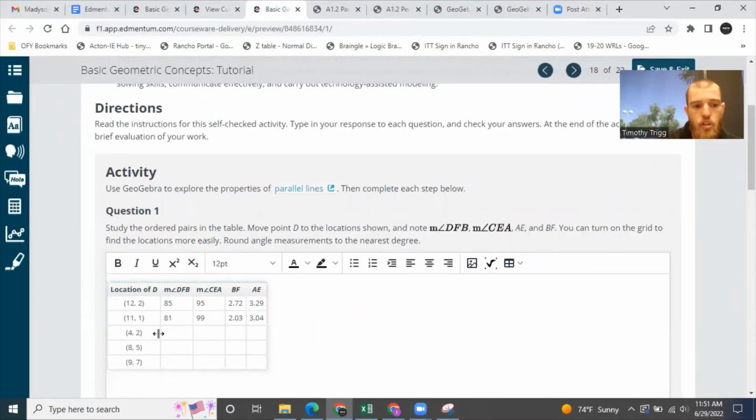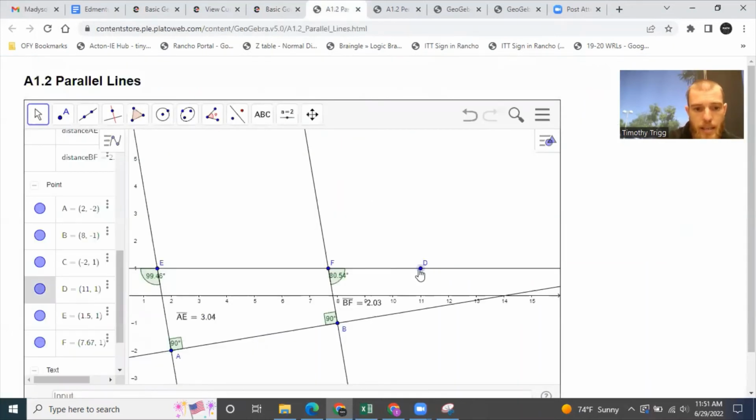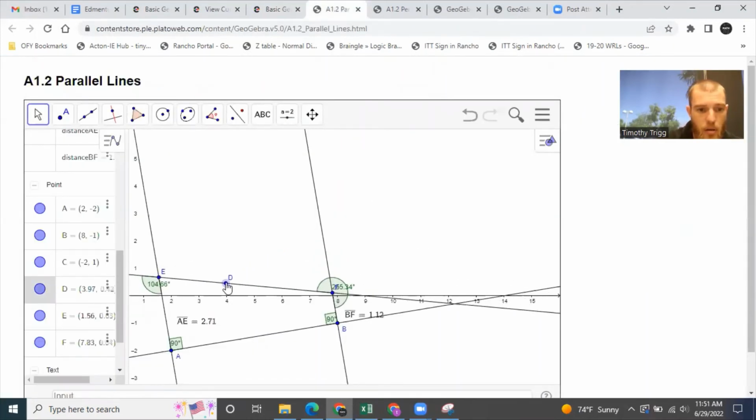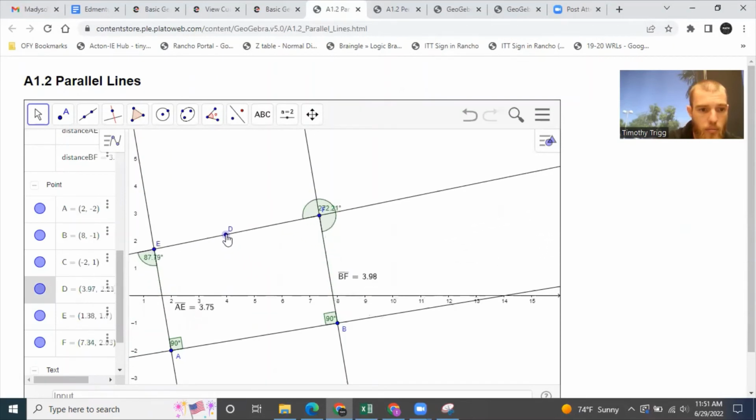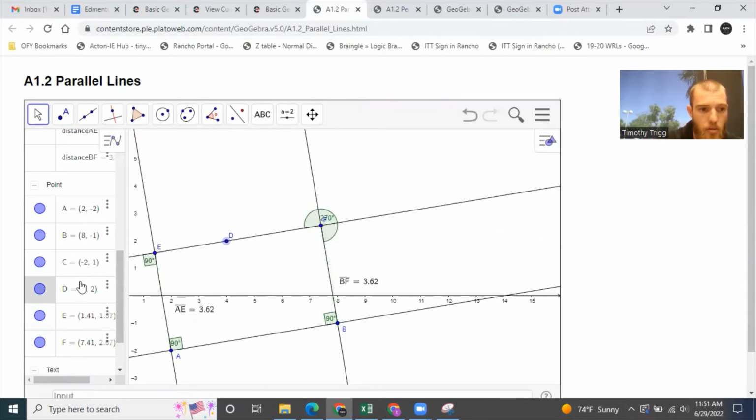Okay, then do the same for the next point. So 4, comma 2, move point D to 4, comma 2. Okay, it should say 4, comma 2 here. And then you want to go ahead and find those same things. This is kind of weird.